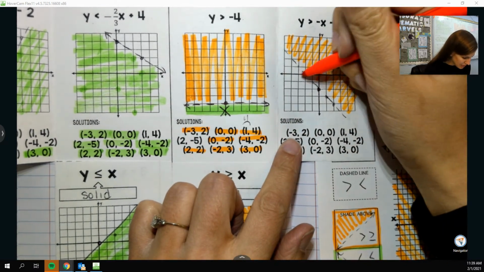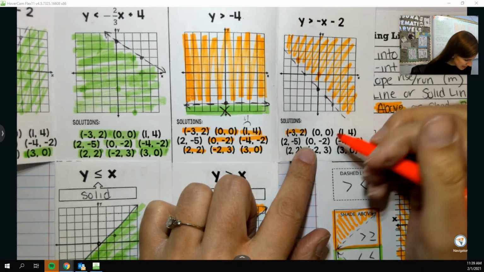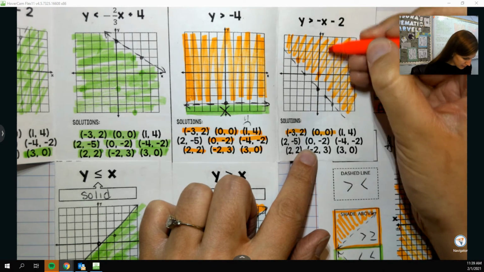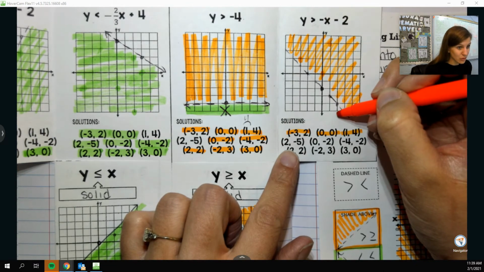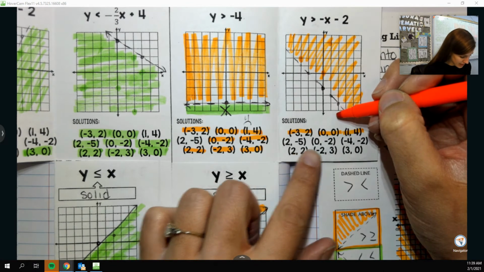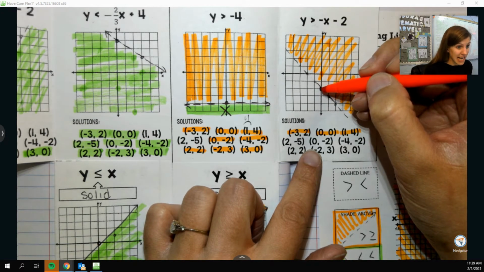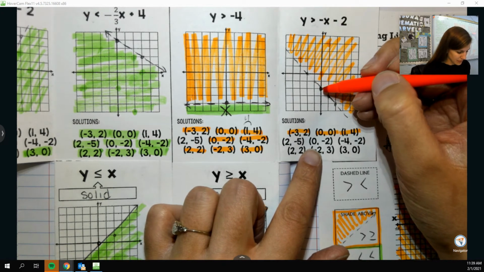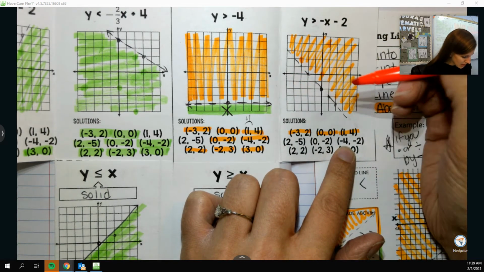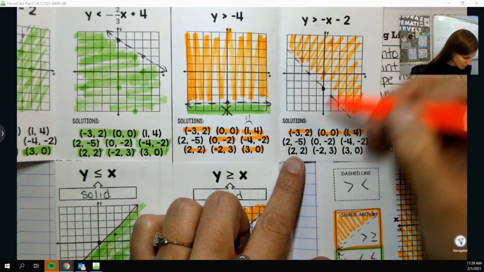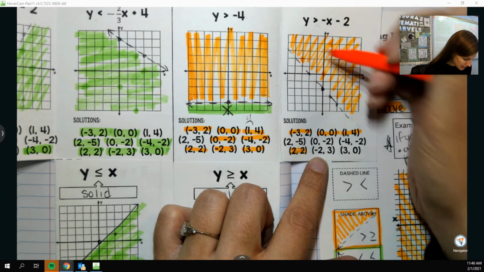So if we go to -3, 2, that's in. 0, 0, that's in. 1, 4, that's super in. 2, -5, ooh, just out. 0, -2, that is not in because it's on a dashed line, so not equal to. -4, -2, not in. 2, 2, that's in. -2, 3, that's in.